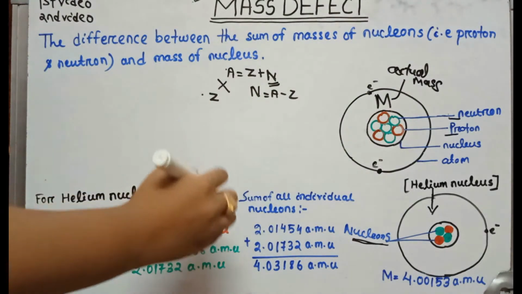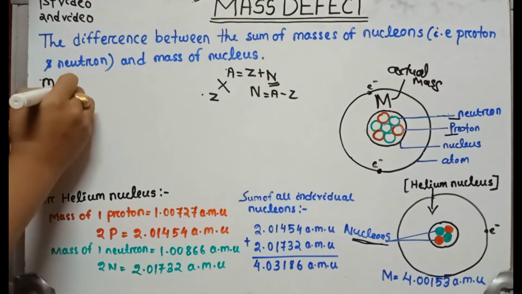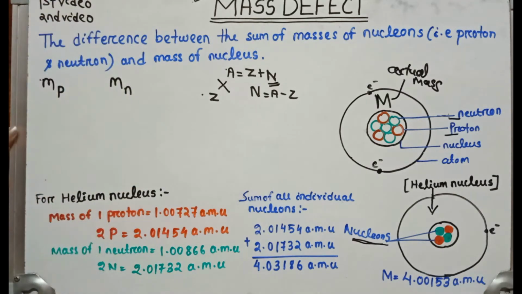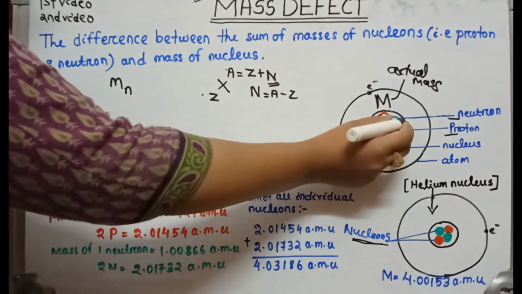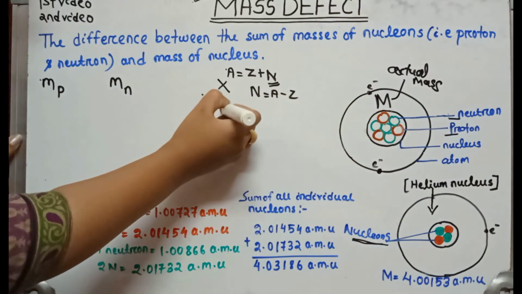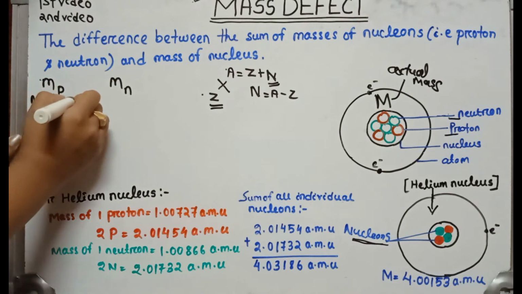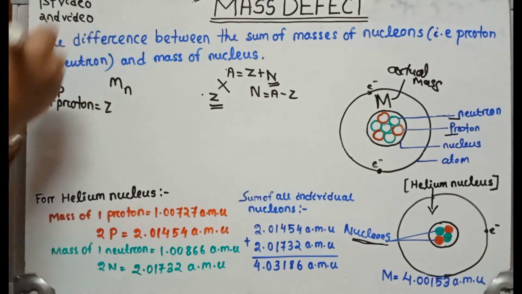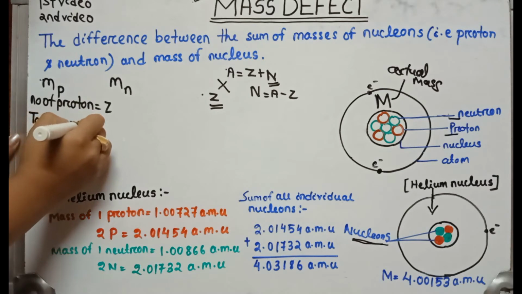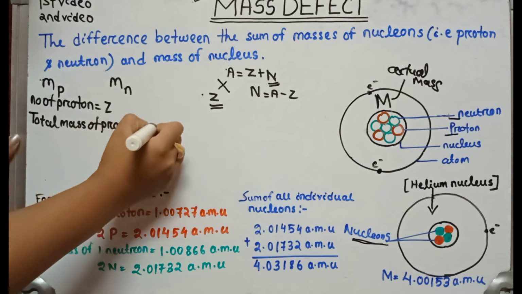And take the mass of a proton as Mp, and the mass of a neutron as Mn. Then in the nucleus, how many protons are present? The number of protons is denoted by Z. So the total mass of protons is equal to Z Mp.